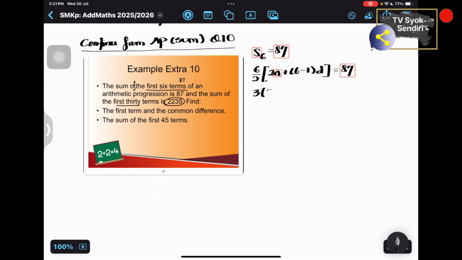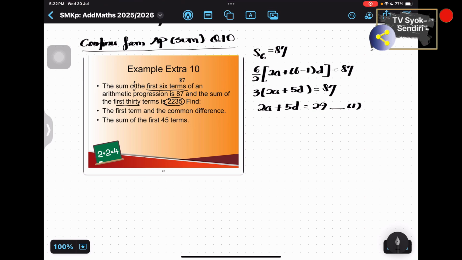Next I'm going to have 3 in the bracket, 2a plus 5d, is equal to 87. From here, I can write 2a plus 5d is equal to 29. So just allow me to put this as the first equation.